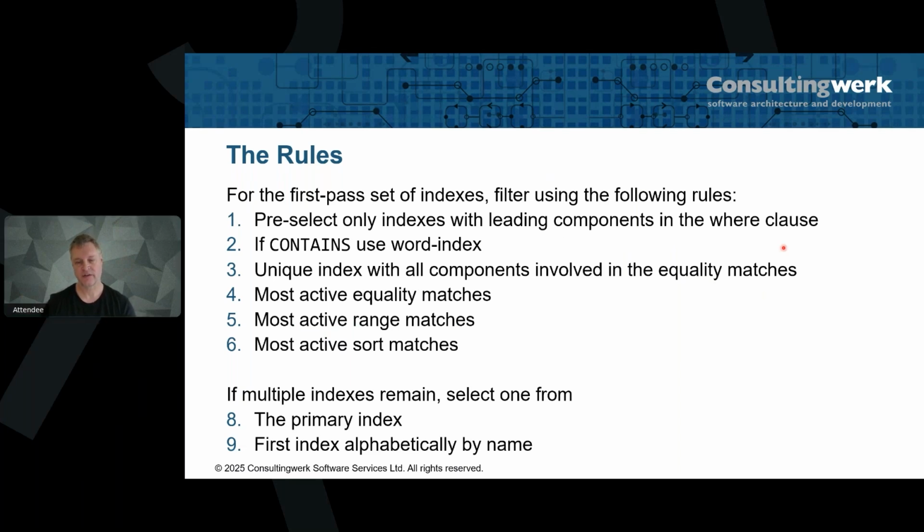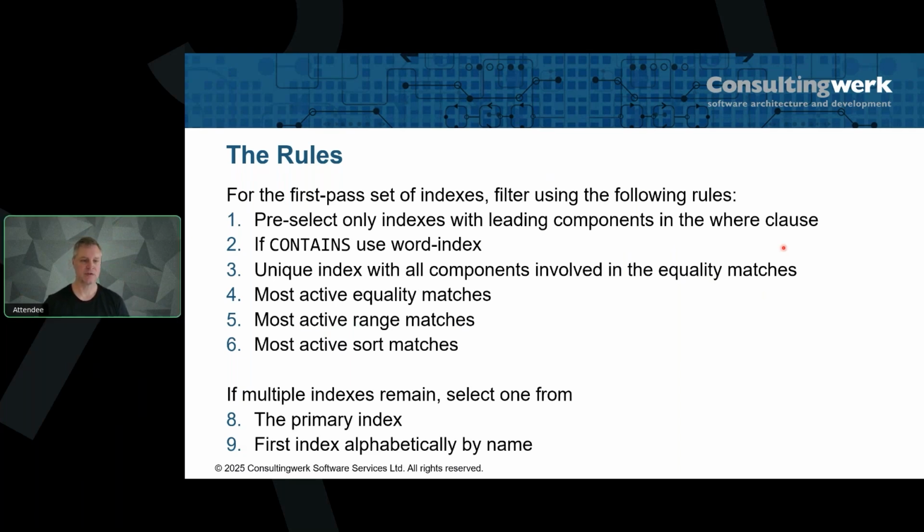All right. So the rules as documented: we'll start with the selection. I've mentioned this a couple of times, with indexes where the leading components in the index are in the where clause. Firstly, if the where clause uses the contains operator, we'll use the word index. The next rule is to look for a unique index where all the components are involved in equality matches.